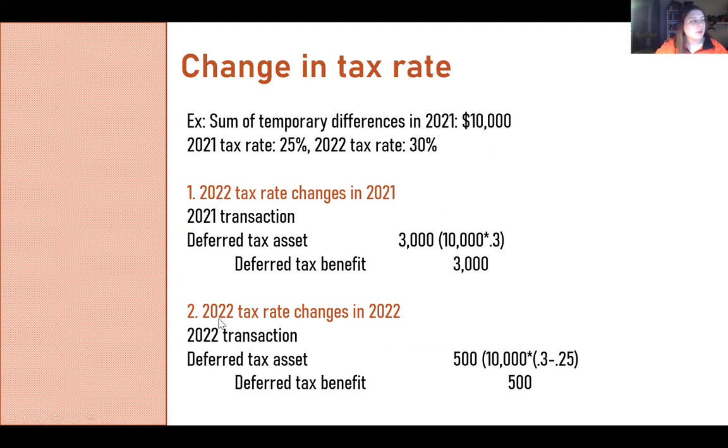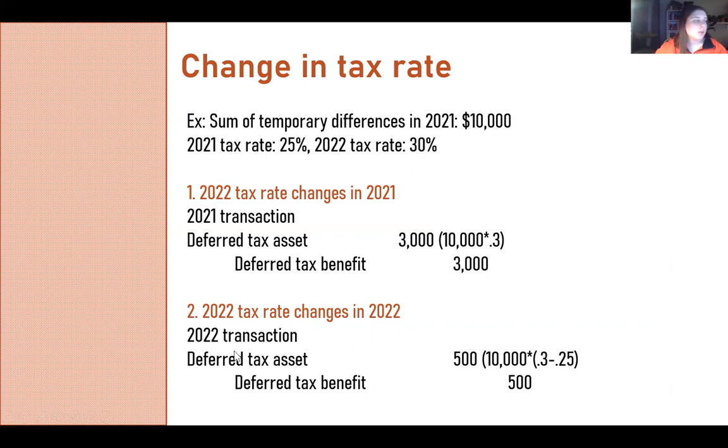Here, if your 2022 tax rate changes in 2022, what would have happened in 2021? You would have set up your deferred tax asset using the 25%, so it would have been $2,500. But now your tax rate is 30%, so you need to increase your deferred tax asset to reflect that increase in tax.